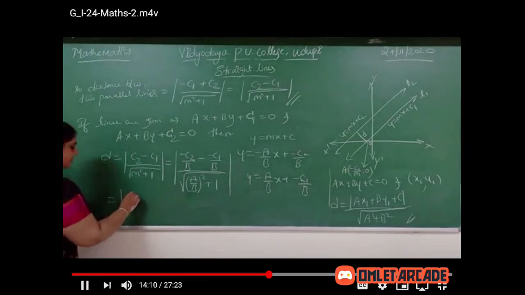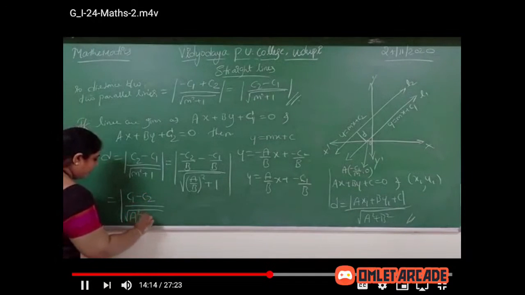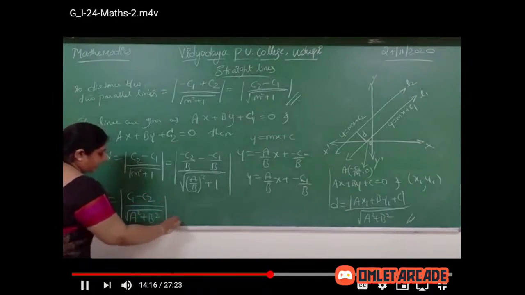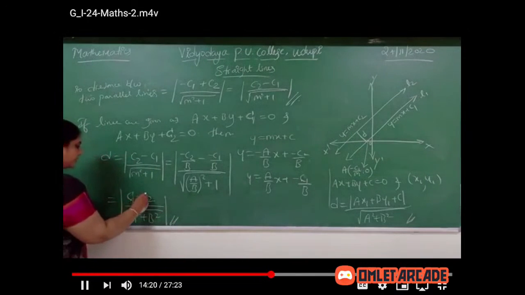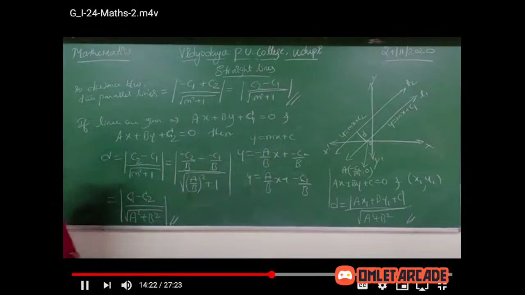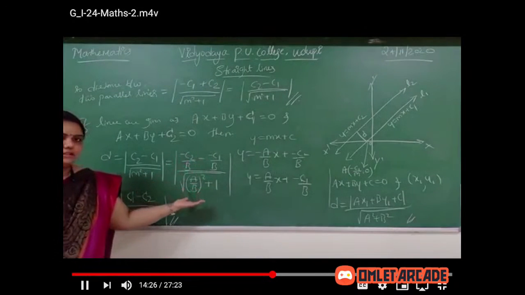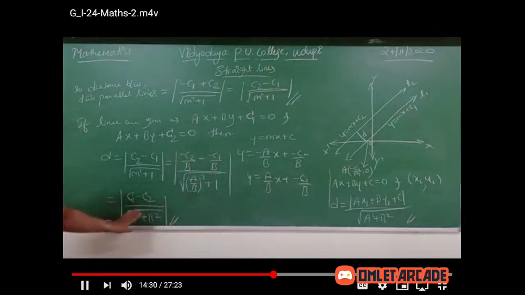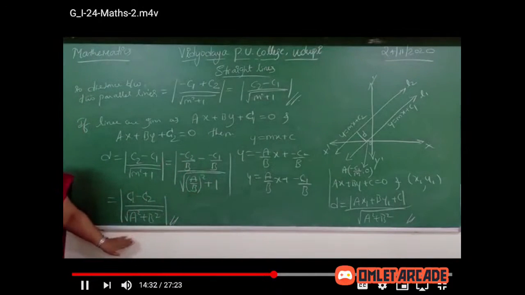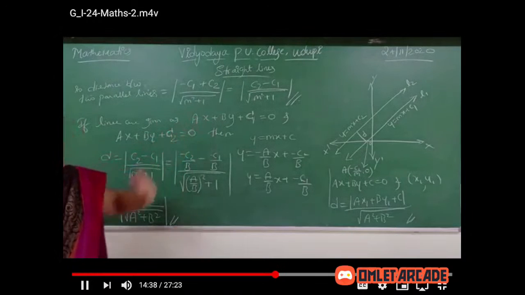So modulus of c1 minus c2 divided by the root of a square plus b square. So you should know the difference between the formula, okay? So this is the formula, just simplify this. Take b in the numerator, similarly the denominator, in both numerator and denominator b gets cancelled, so this will be left. So this is the distance between two parallel lines when the equations are given in general equation form.